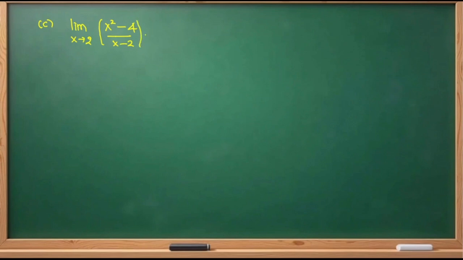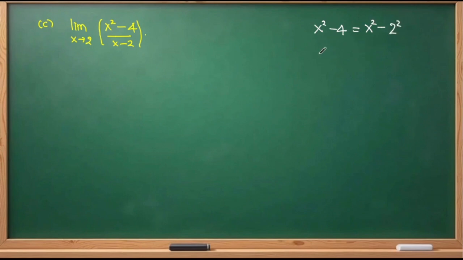So when we look at this technically, we realize that x squared minus 4 can be written as x squared minus 2 squared.